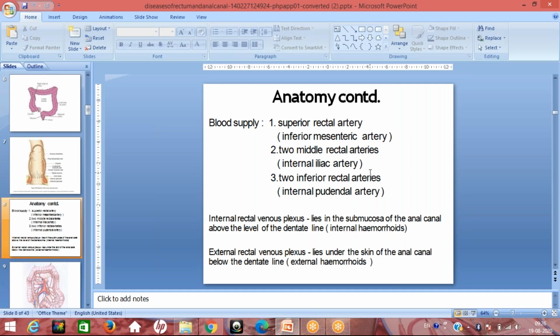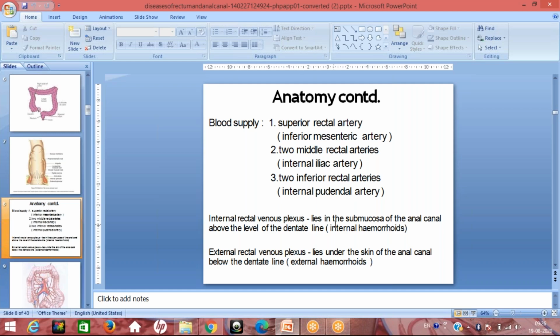The middle rectal arteries and the inferior rectal arteries are branches of the internal iliac arteries. The inferior rectal artery is a branch of the internal pudendal artery, which in turn is a branch of the internal iliac artery. So the supply differs.